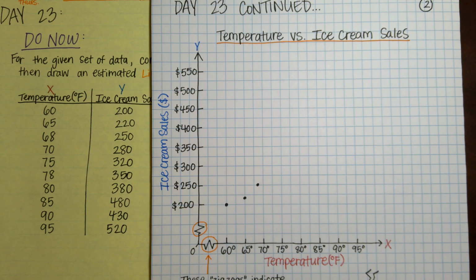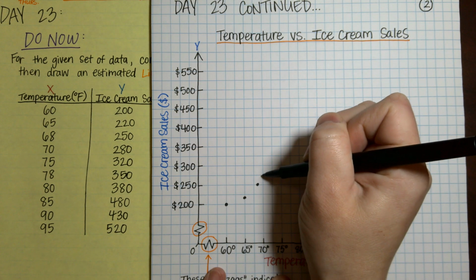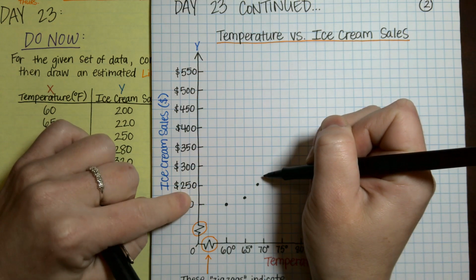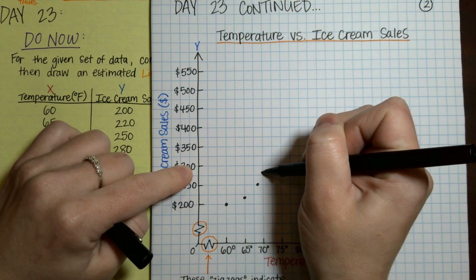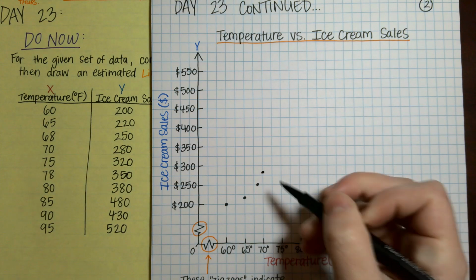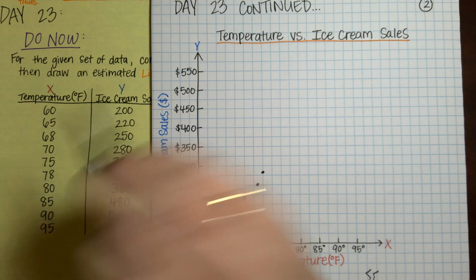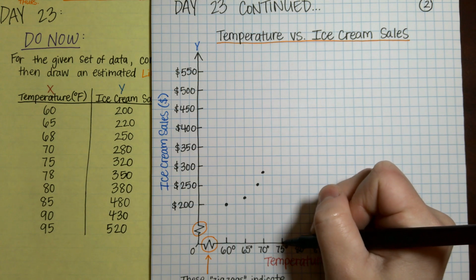All right, so we are going to start at 70 and go up to 280-ish. So this would be 275, in between 250 and 300, so I'm going to put it a little above that. All right, our next degrees is 75 and $320 for that day.